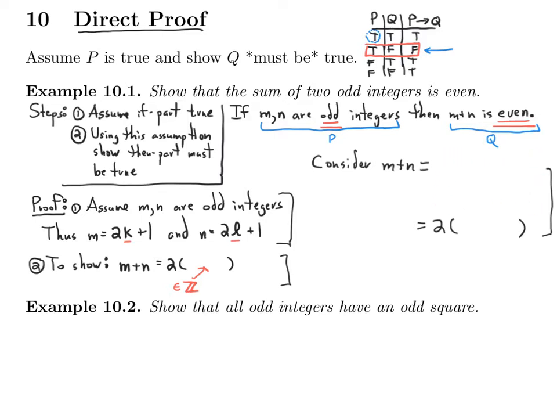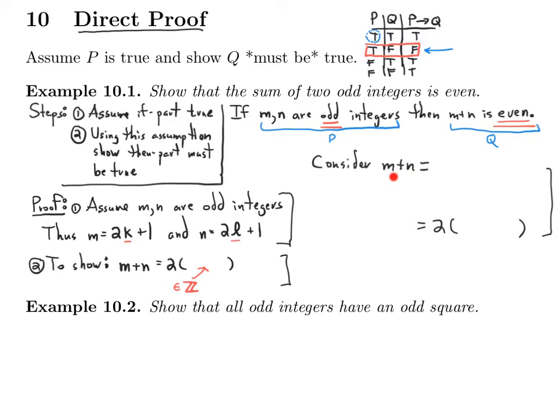And usually, at least with the stuff we're doing in this course, it'll be a little bit of algebra to show this. As you progress further in mathematics, sometimes it'll be more logical reasoning or dealing with stuff that isn't algebra. But for our purposes, we'll be doing lots of algebra to get from the start to the end. Okay, so let's go ahead.